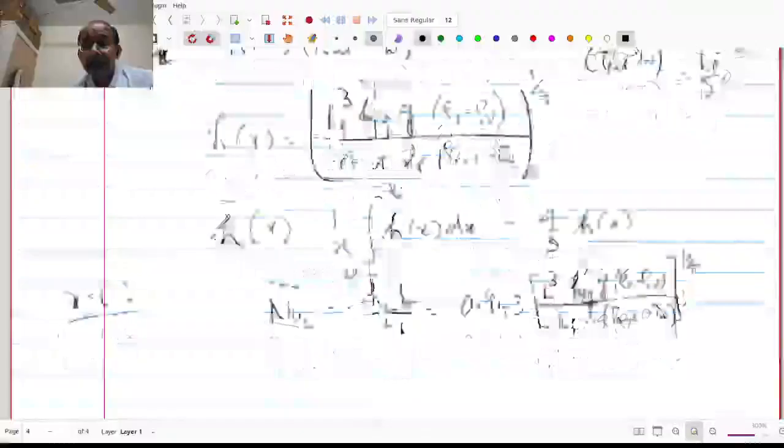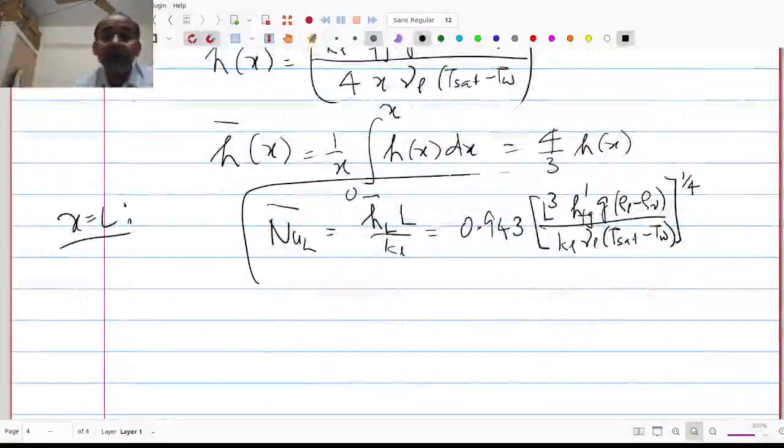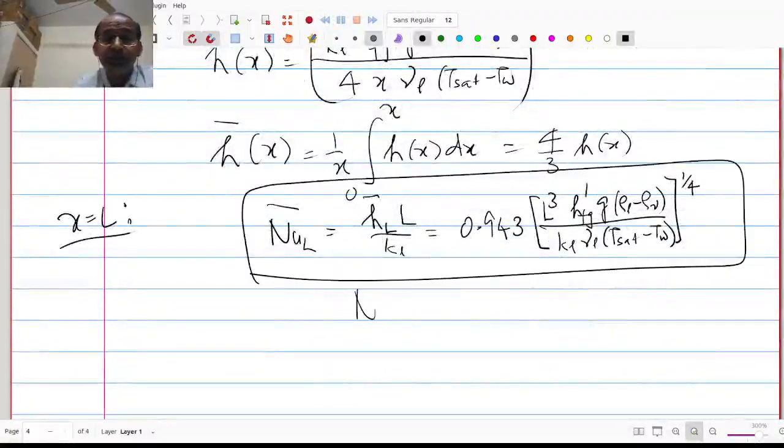So this expression is the Nusselt expression for film heat transfer.